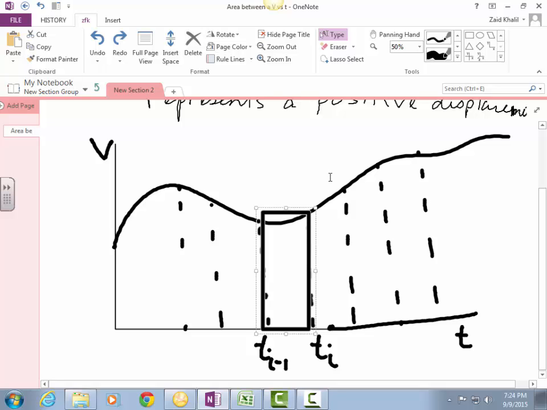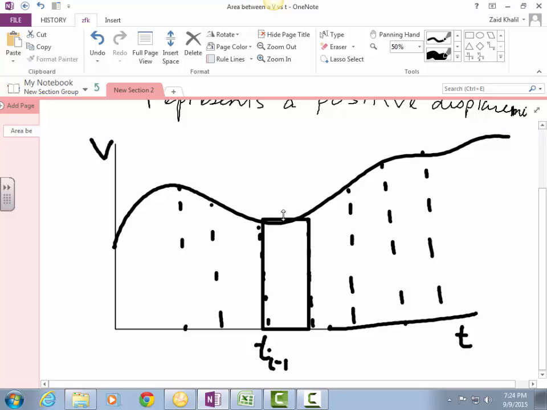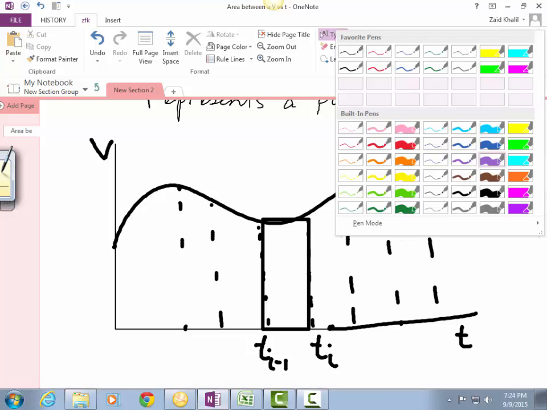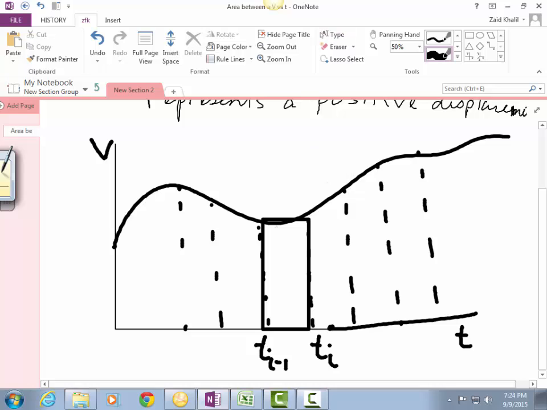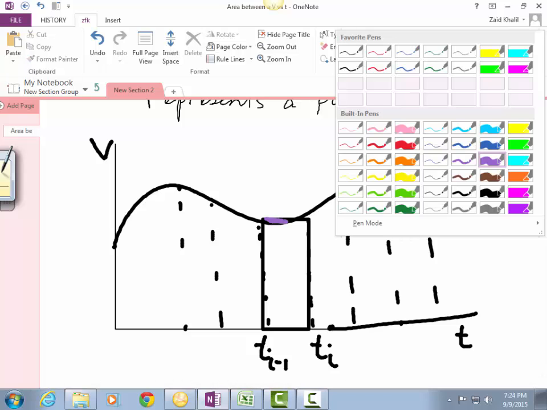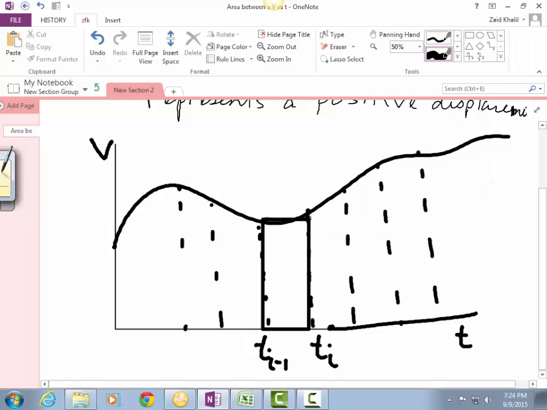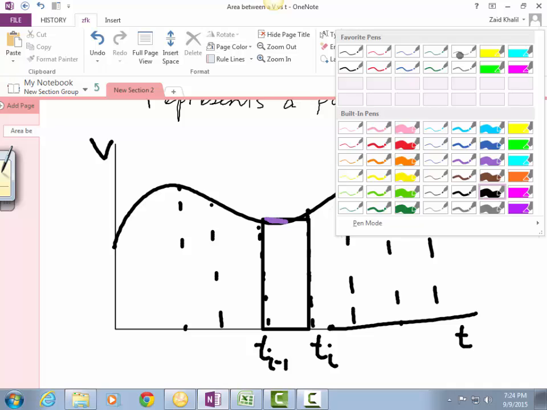To do this requires a little bit of nuance, because there's going to be some area in this rectangle that you're including under the curve and some area that you're excluding. So in other words, if you look at this, using a different color, we're including this area, we're including this area, but we're excluding this area.